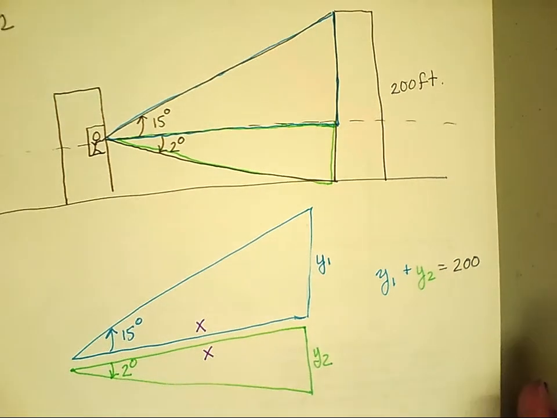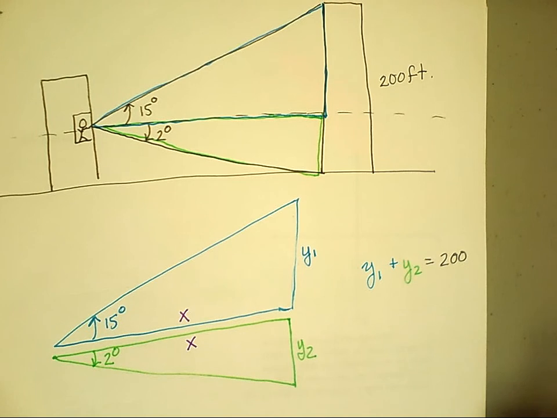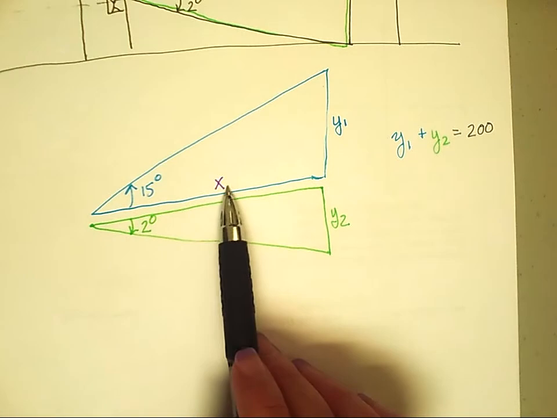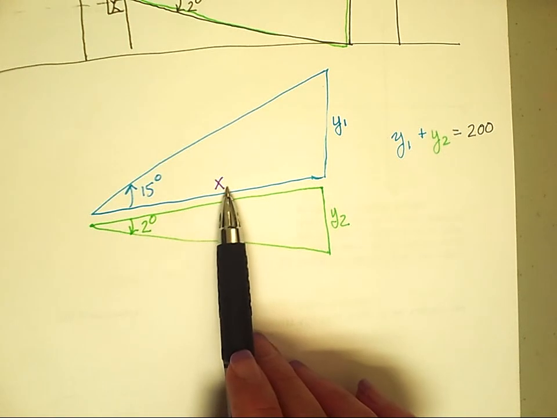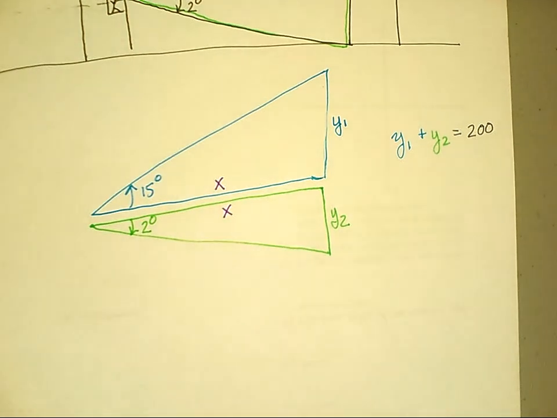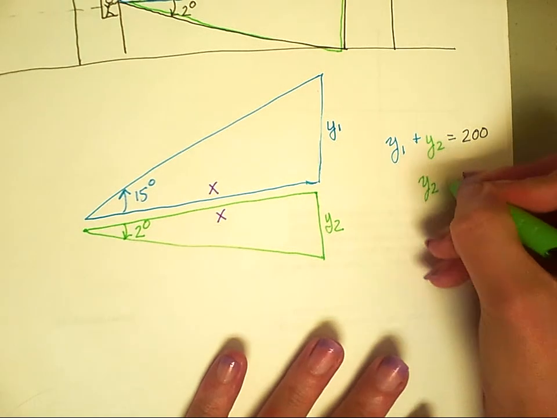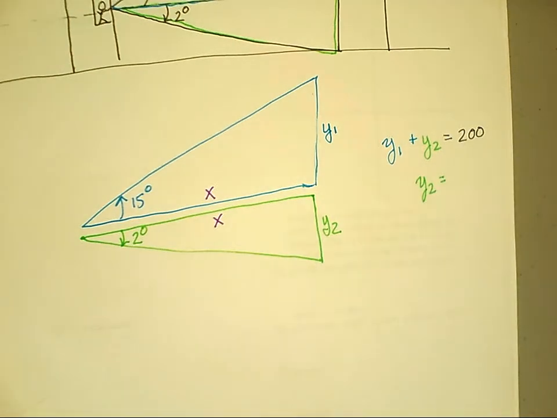But we're not looking for the y's. Remember, we're looking for the x's. Okay. So let's begin and see what we can start writing down. It might be easier to think about it this way then. We could solve this for y2.